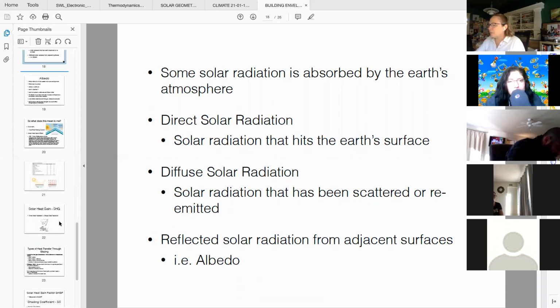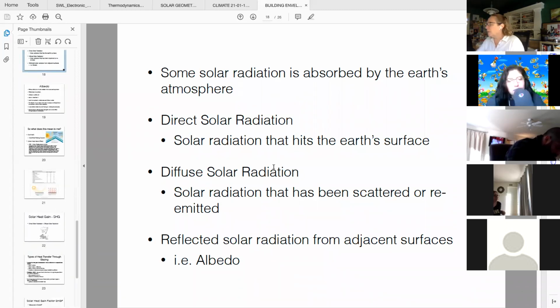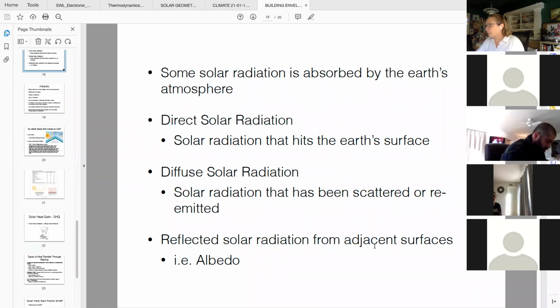I do have some little pictures of this. And then we also have reflected solar radiation from surfaces. We were talking about heat island effect a week or so ago. That's where the reflected solar radiation really comes into effect.